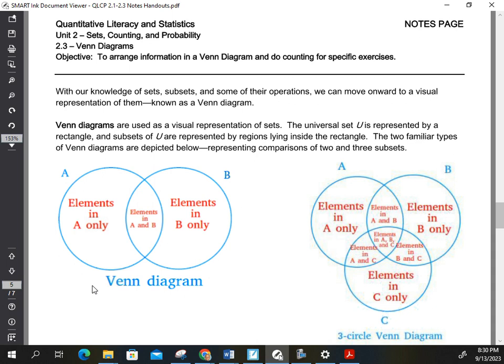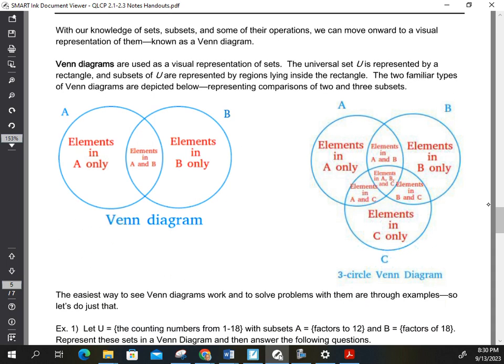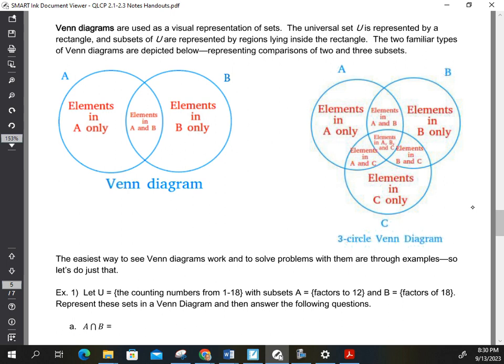There are two main types of Venn diagrams: a two-circle Venn diagram and a three-circle Venn diagram. Two-circle Venn diagrams are pretty simple. You have set A and set B. Everything that belongs in set A goes in one circle. Everything that belongs in set B goes in another circle.